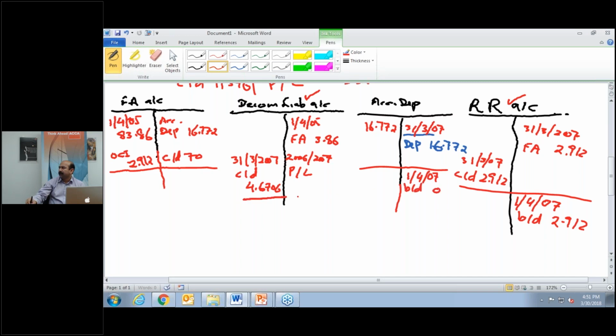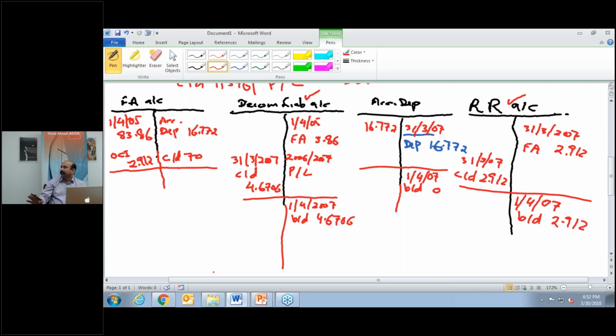And the decommissioning liability opening balance on 1st April 2007 will become 4.6706. Okay, these are the balances.